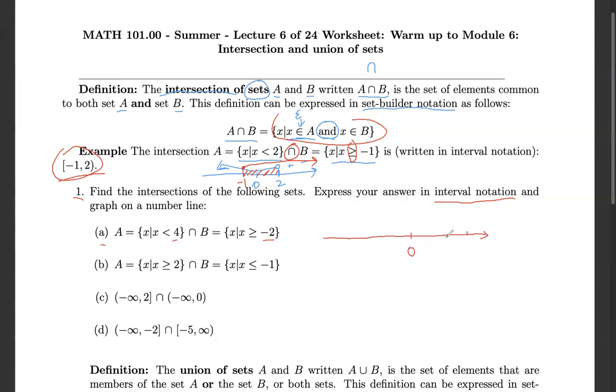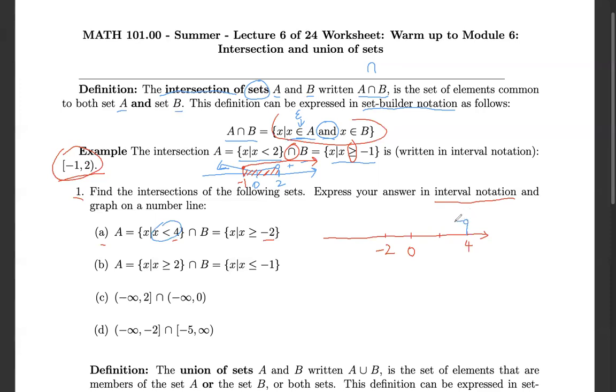So let's see, 4 is here, -2 is here. Let's graph A, use blue color. So x is less than 4. So all the numbers less than 4, but not including 4. So make an open circle.